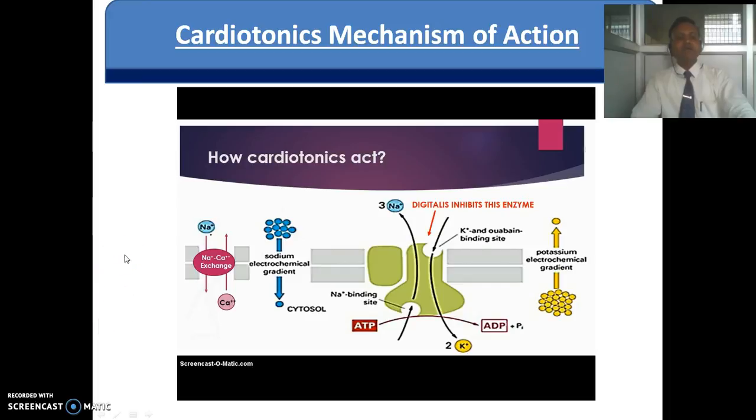Congestion will be mobilized, and this will treat the symptoms of congestive cardiac failure. This is how, by inhibition of sodium-potassium ATPase enzyme, reducing extracellular sodium ion concentration and accumulating calcium inside the cell, cardiotonic drugs improve contraction of cardiac muscles.